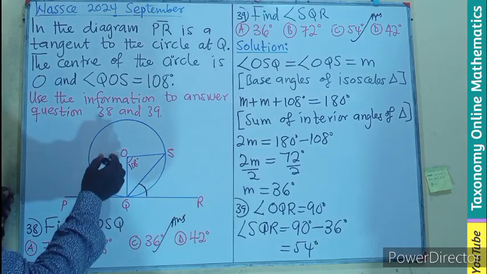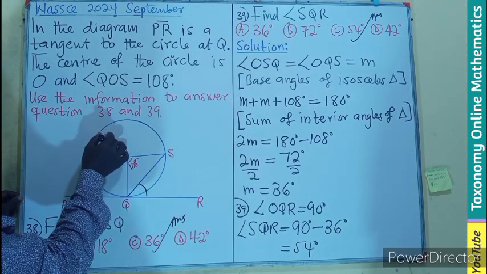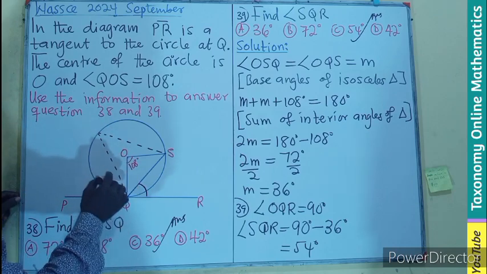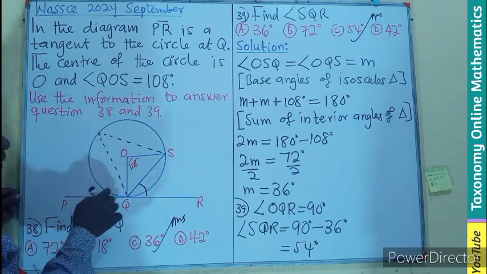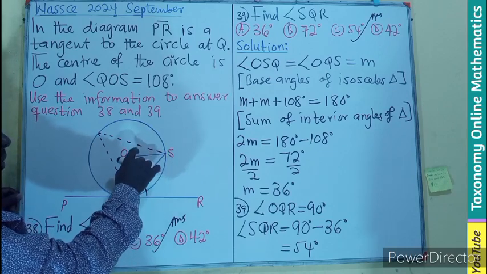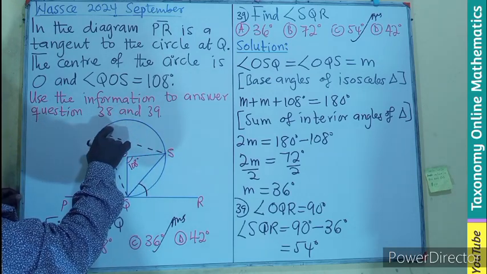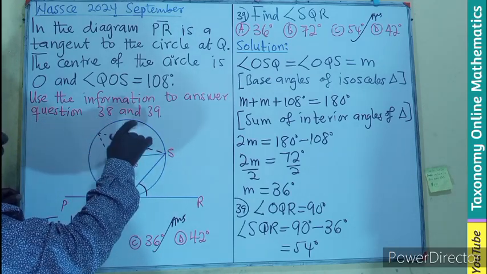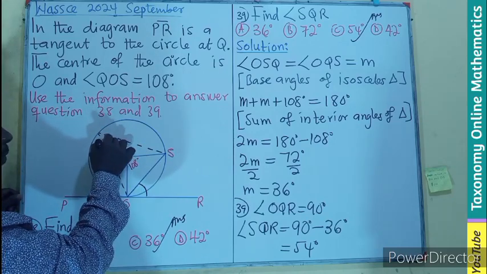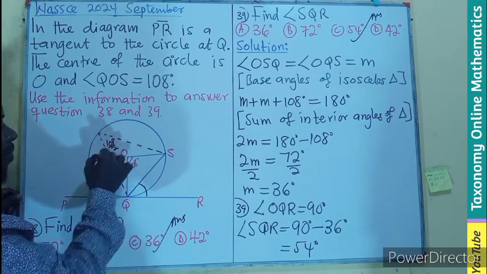Now, you can also think of introducing this line, then the angle here is going to be formed by the same QS. Angle formed at the center is twice the one at the circumference, meaning the one at the circumference is half of this, meaning 108 divided by 2.